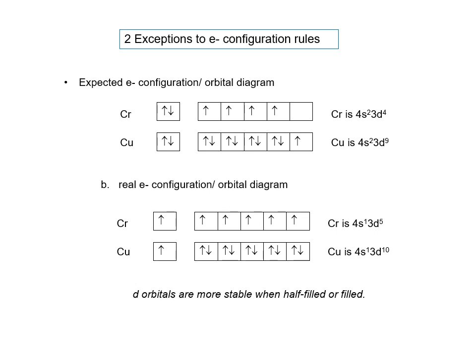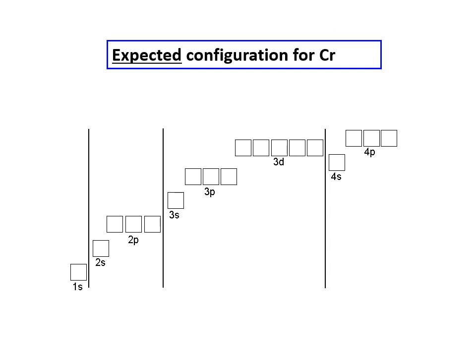So the expected configuration for chromium is 2 in 1s, 2 in 2s, 6 in the 2p, 2 in the 3s, then we fill the 3p's, and then 2 in the 4s, and 1, 2, 3, 4 in the 3d's. This is what we would expect.